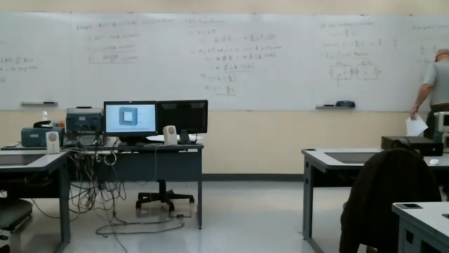So this is another result and another way to analyze transformers. The transformer makes the load impedance look either larger or smaller, but if it's inductive, it still looks like an inductor. If it's resistive, it still looks like a resistor.